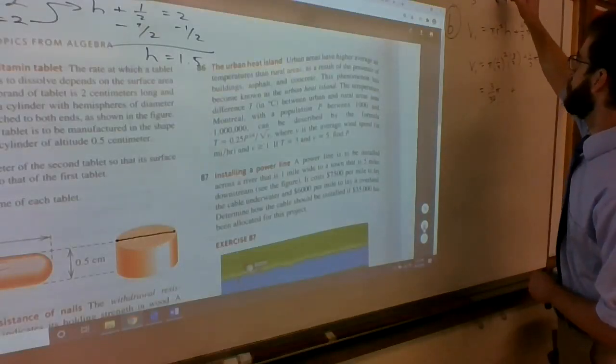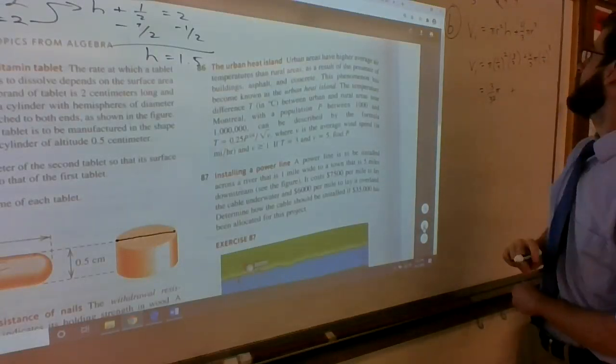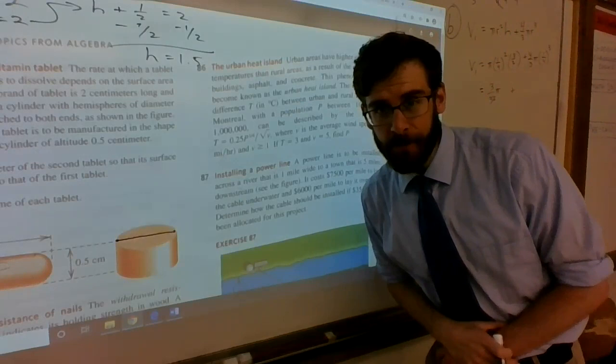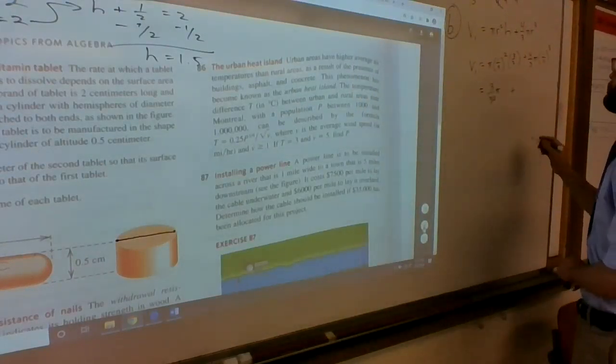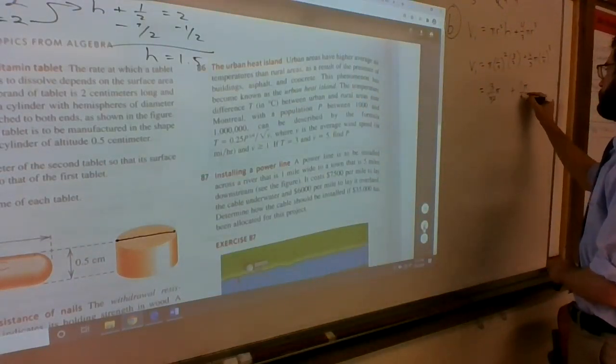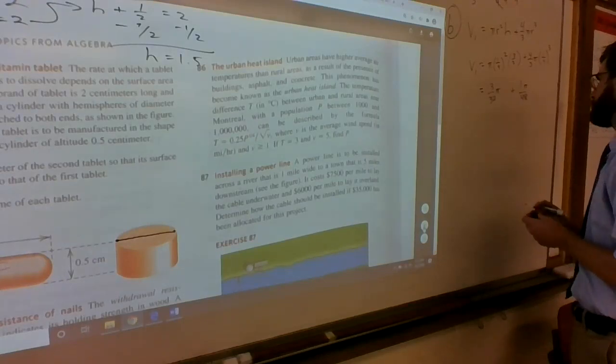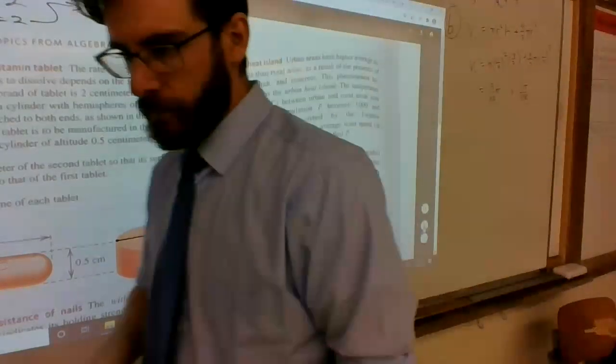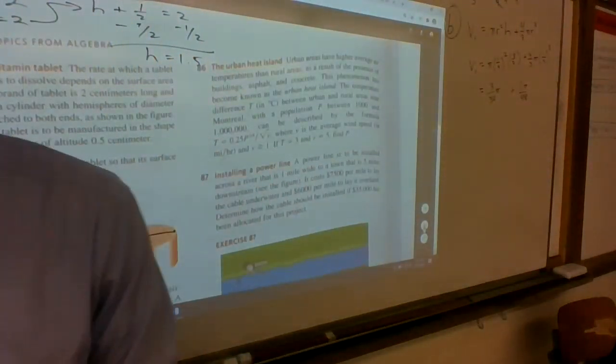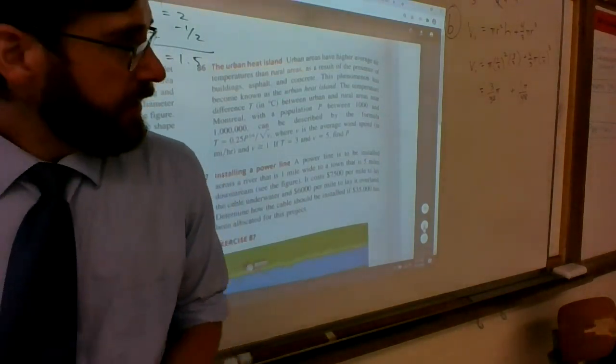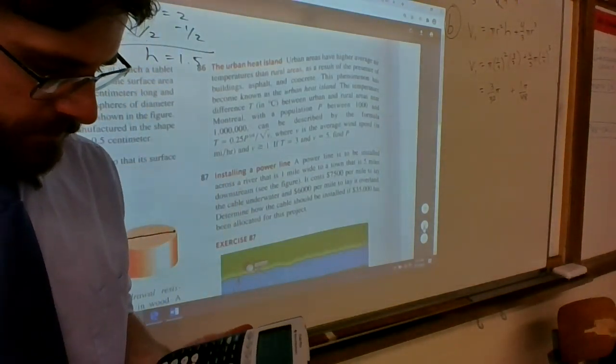You can cross cancel one of the 4's and get 16 times 3 on the bottom, 48. Using our handy dandy calculator, just to make quick work of this.